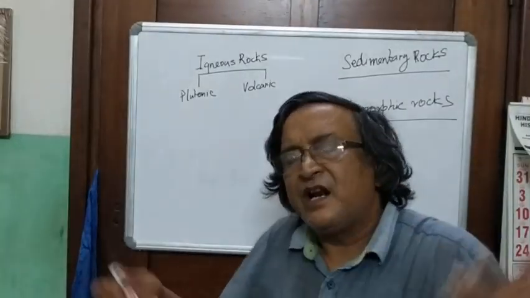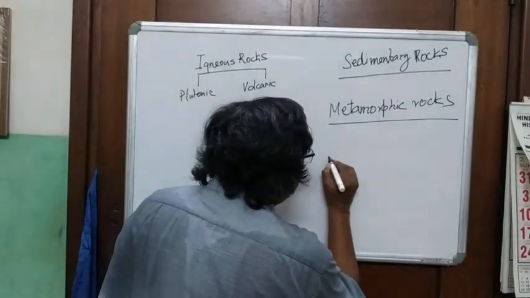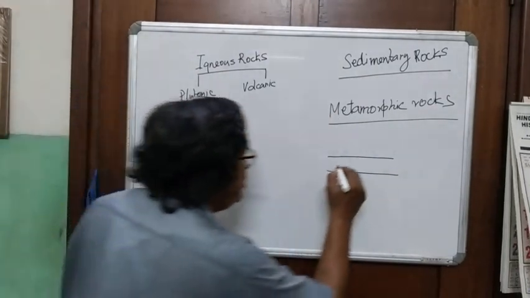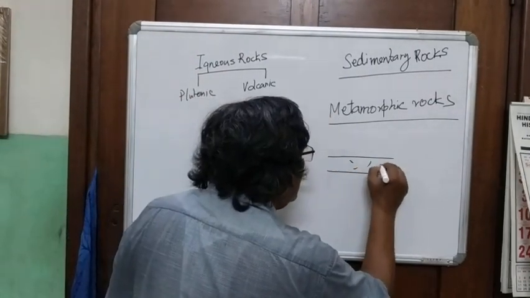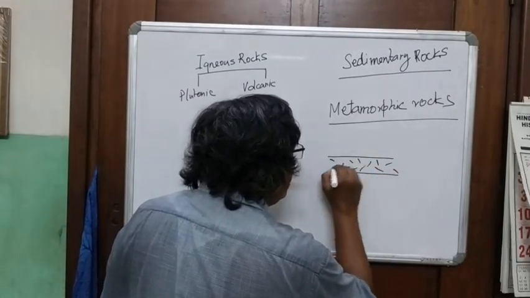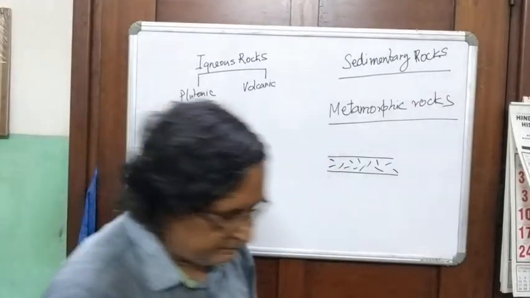Very commonly they are under strain. So say, for example, you have a pre-existing rock where minerals are randomly oriented.